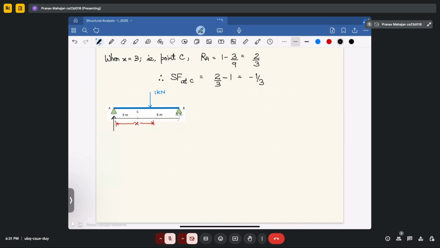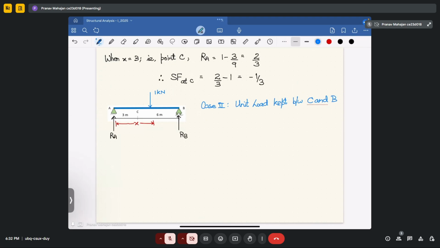If I am trying to find out the reactions, let me say this is reaction A, this is reaction B. So case 2, unit load kept between C and B.